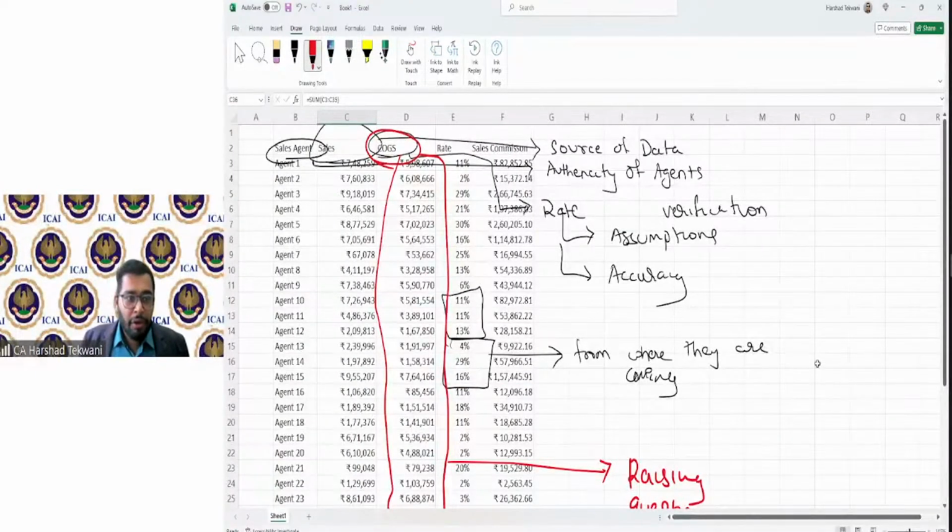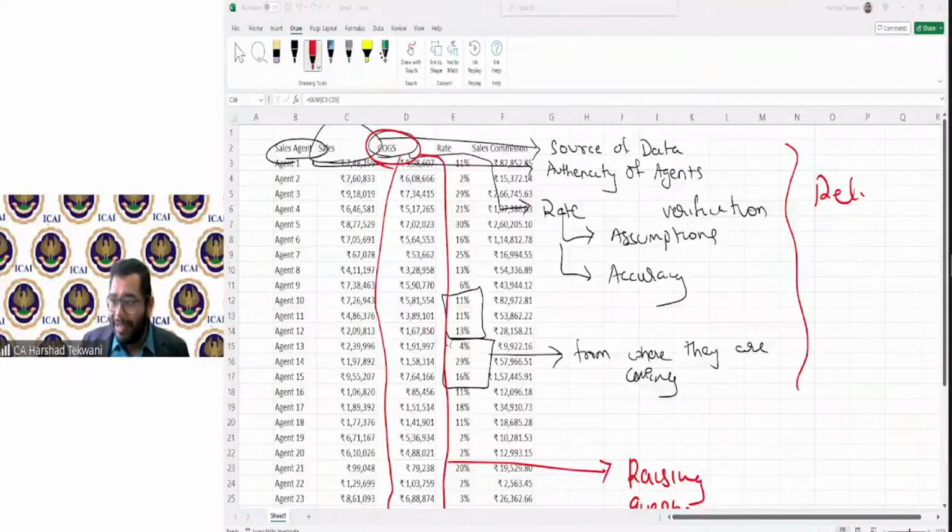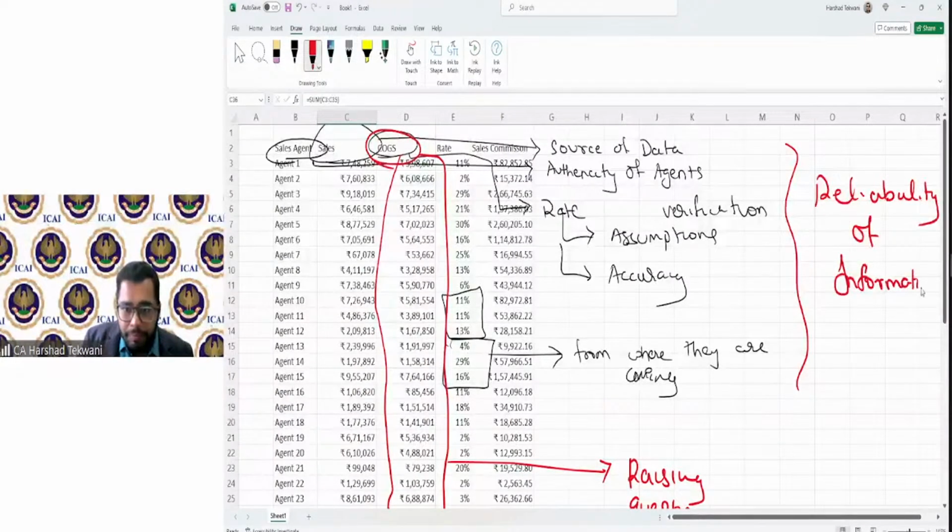When I ask questions on rate verification, assumptions, and all those details from where they are coming, I'm asking questions on the reliability of the information. So when I ask questions on these areas, I'm checking the reliability of information. So there are two parts: one is raising questions on relevance, the other is raising questions on reliability.